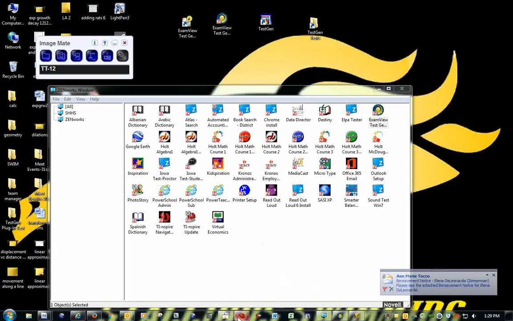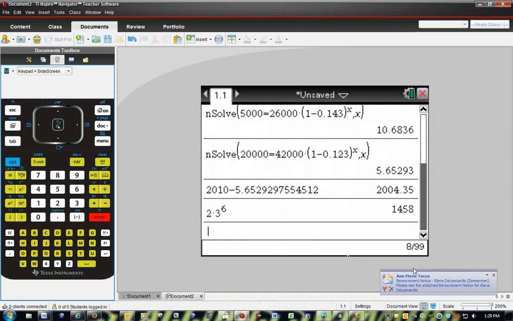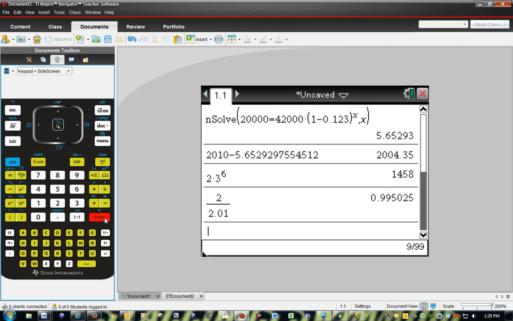If I go 2 divided by 2.01, this is going to give me the exact answer, isn't it? That was equal to 0.995025.